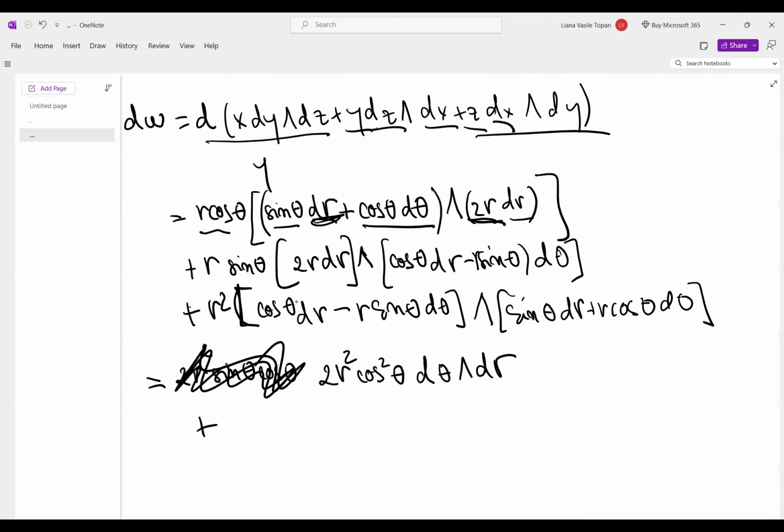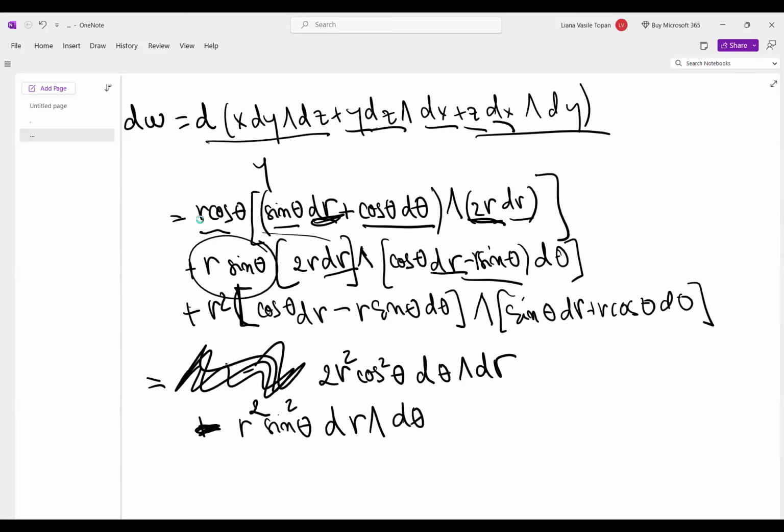Plus, now I have dr wedge dr here, so I'm looking at the second one. This is r sine of theta multiplied by this, that's minus r squared sine squared of theta dr wedge d theta.